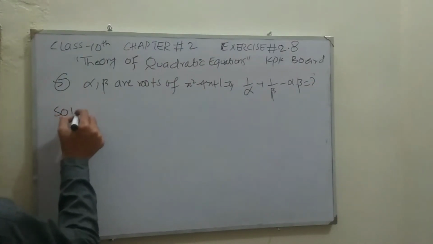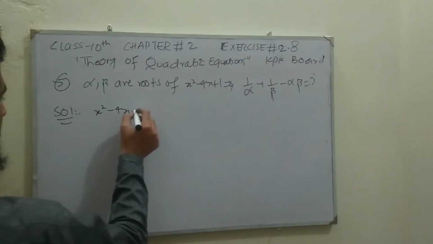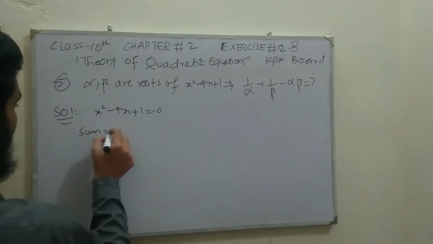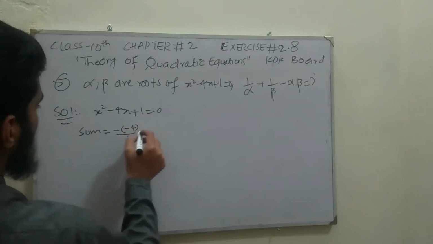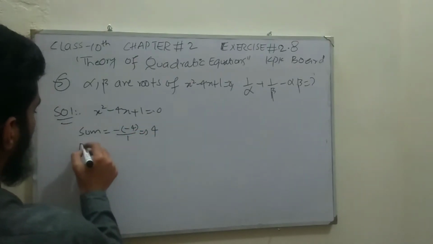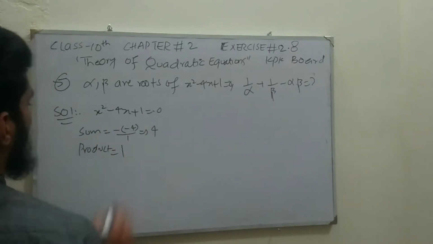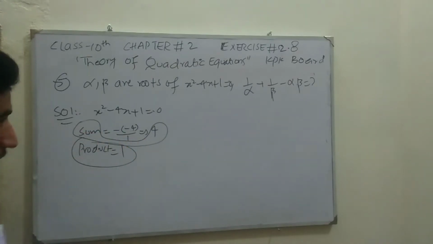Solution. Taking the given quadratic equation x square minus 4x plus 1 is equal to 0, their sum will be equal to minus b, which is minus 4, divided by a, which is 1, so their sum will be equal to 4. And the product will be equal to c divided by a. C is 1 and a is also 1, so it gives us 1. Product is 1 and sum is 4.